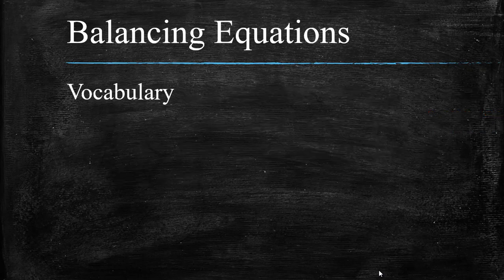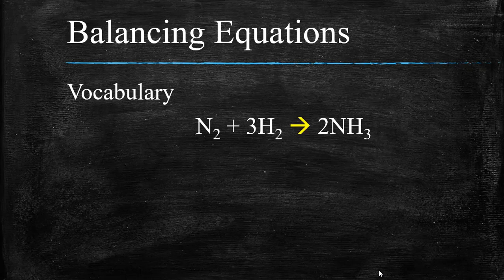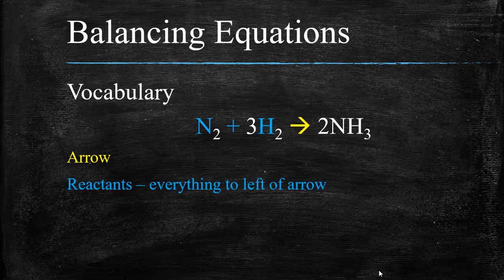So we're going to use some vocabulary, and for this we're going to start with a simple equation. The first thing we have is in yellow, and that is very cleverly called the arrow. Now we have the elements in blue. Those are the reactants. Everything to the left of the arrow is a reactant. Then we have the material in green, and those are products.